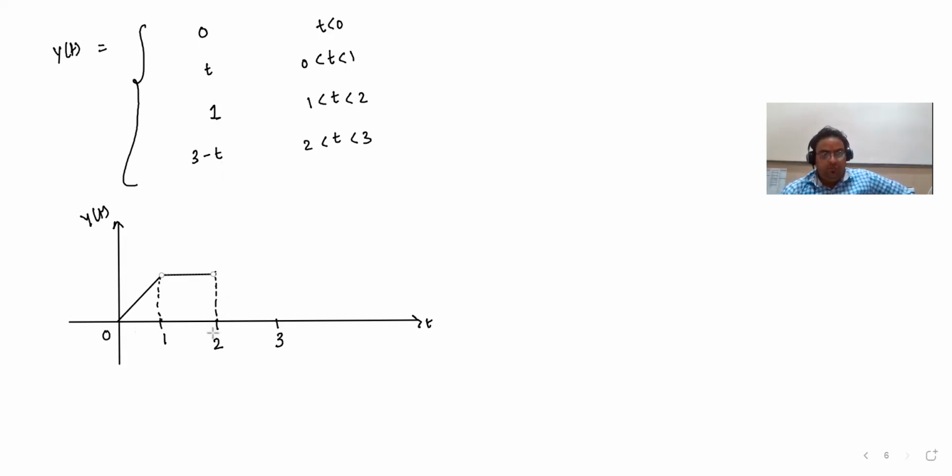So at t equal to 2, y of t has a value of 1, and at t equal to 3, y of t has a value of 0. This has a slope of -1 here.